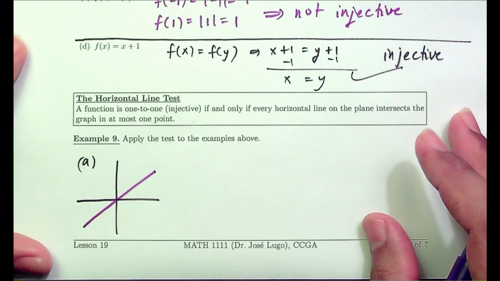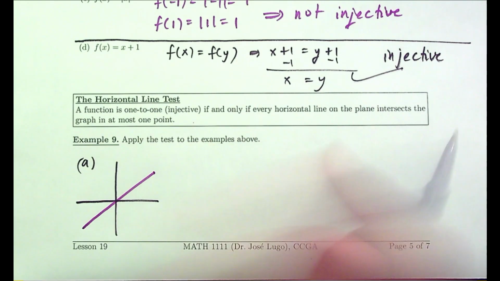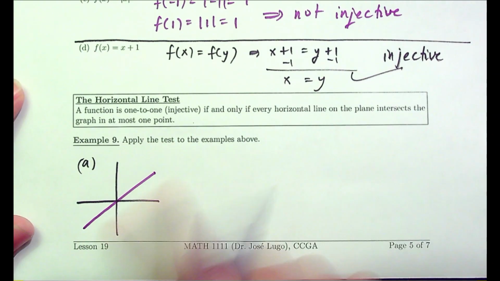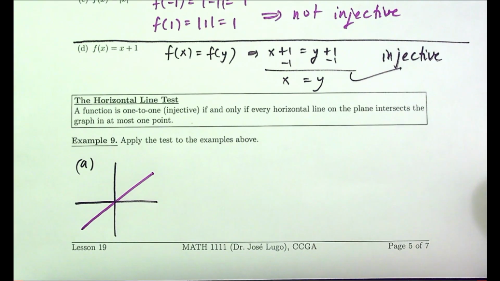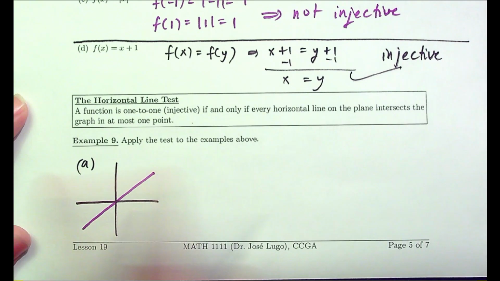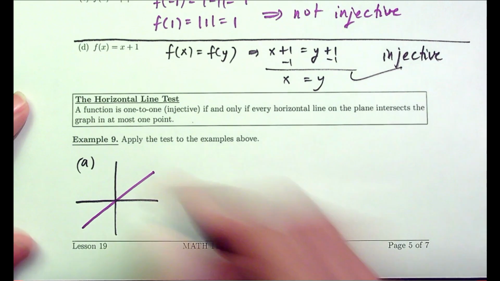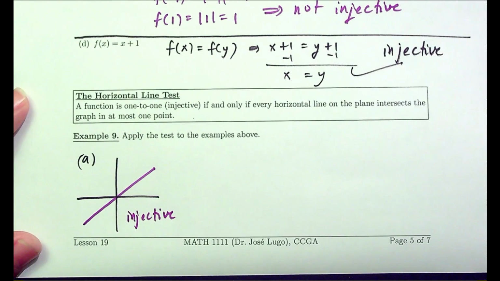Don't worry too much about it, just worry about the general shape of the graph. You don't have to draw a perfect graph to figure out whether it's injective or not. Just have a visual in your mind of what the graph looks like. Indeed, it is a line that rises. If you imagine the horizontal line test, any horizontal line will never intersect the graph at more than one point. So this is indeed injective because it passes the horizontal line test.